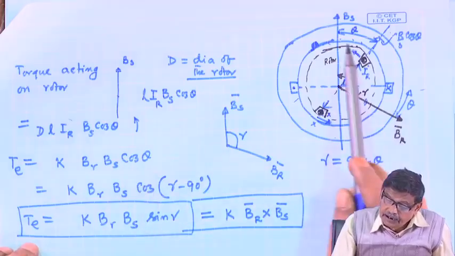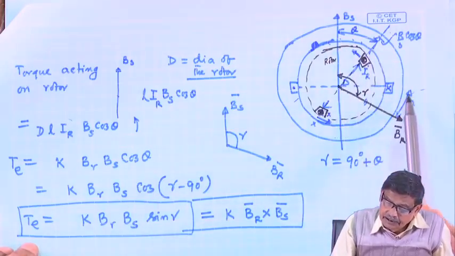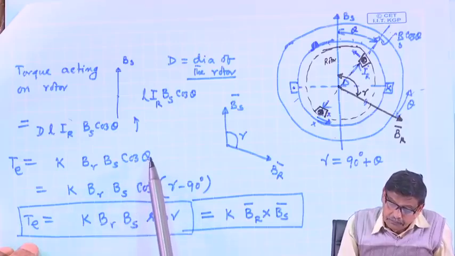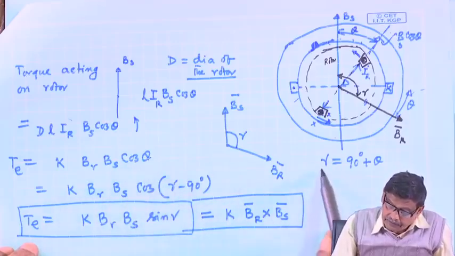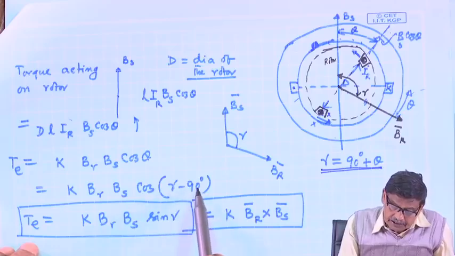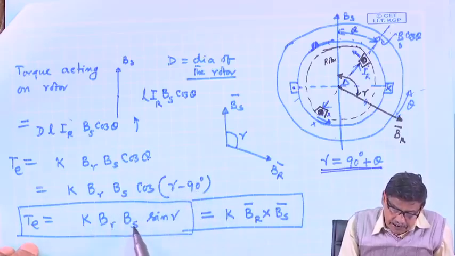Then we note that this angle is theta. From this relationship, gamma is 90 plus theta, therefore cos theta can be replaced by sin of gamma minus 90 degrees, which is equal to sin gamma: k B r B s sin gamma.